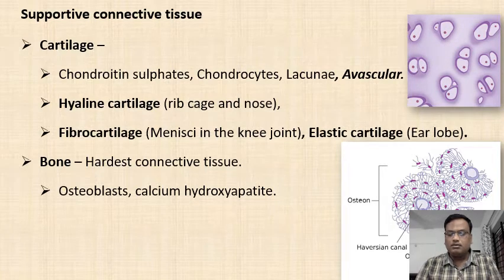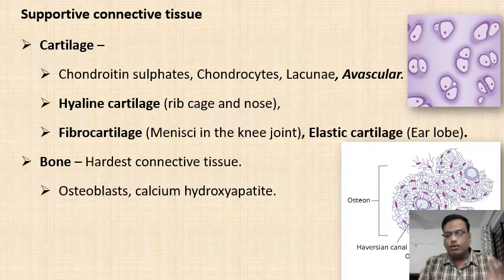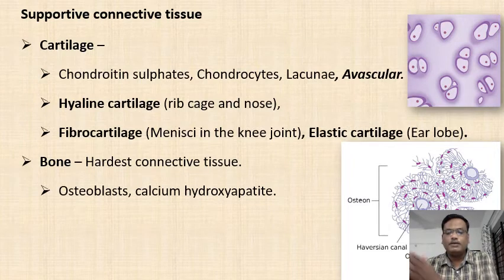And Osteichthyes are called bony fishes, so the endoskeleton is made up of bone. So in case of vertebrates, the bony fish and amphibia, reptilia, birds, and mammals, in all these animals, cartilage and bone are the main components of the endoskeleton, right?